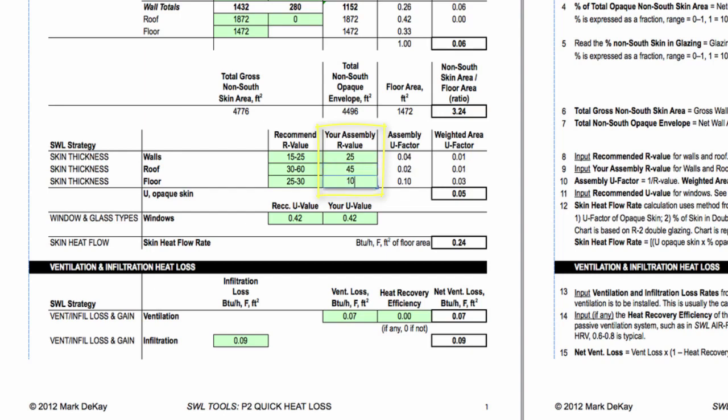And then for the floors, I'm probably going to have some slab on grade or some mass floor in the end, but for now, before we get to looking at mass, I'm going to try to go with the wood frame floor here, and we'll call that an R25, just because I think later we're going to have some different conditions. Okay, that's it for the assembly R values.